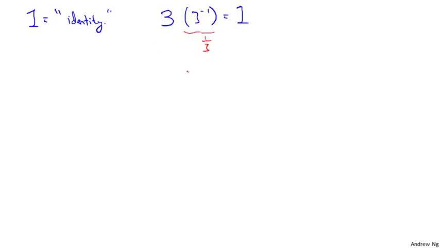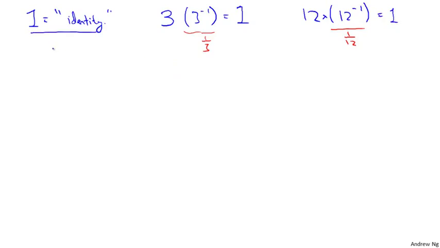And given some other number, maybe 12, there's some number which is the inverse of 12, written as 12 to the minus 1, or really just 1/12, so that when you multiply these two things together, the product is equal to the identity element 1 again.